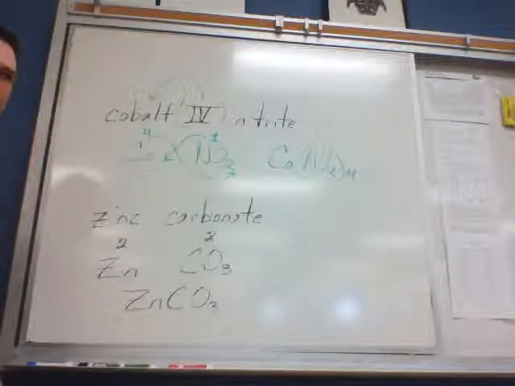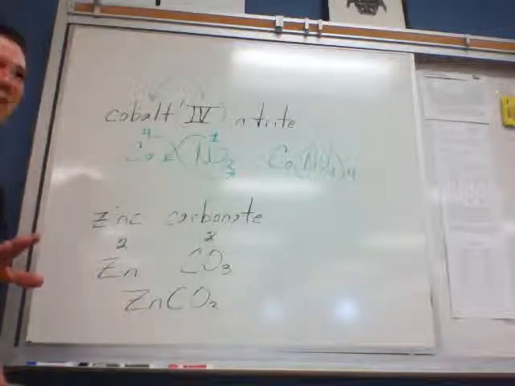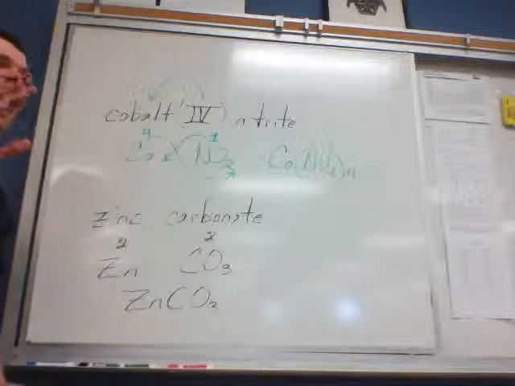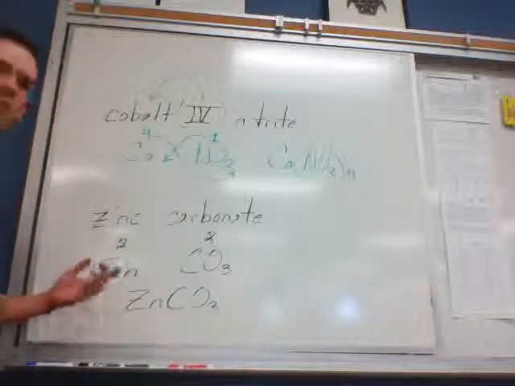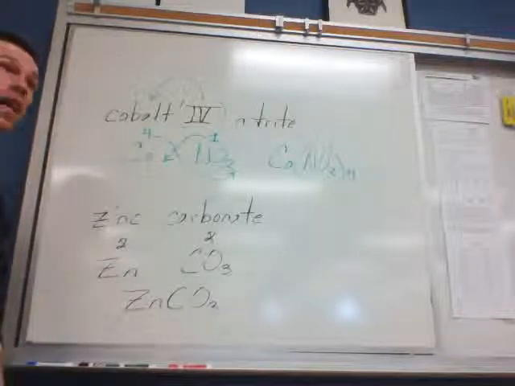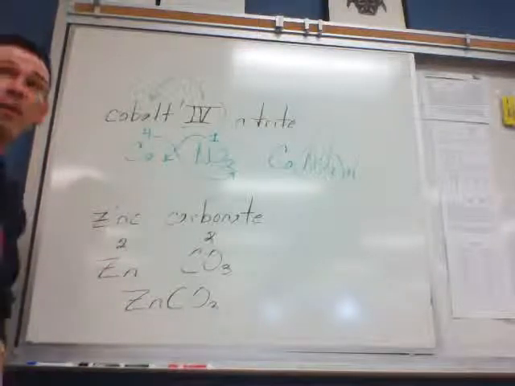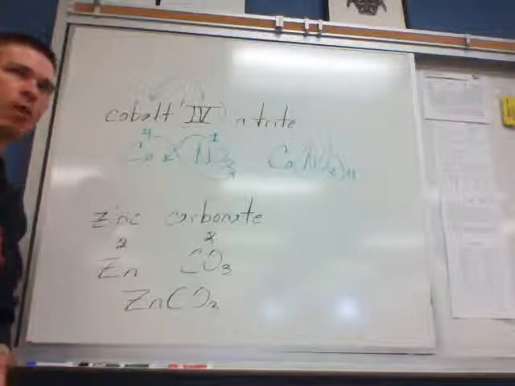Here's the bad news. It took me almost, don't put your stuff away, we're totally not done, it took me almost the whole period to show you all the rules for writing formulas. Again, if you feel okay about them, then you're normal. You shouldn't feel perfect.